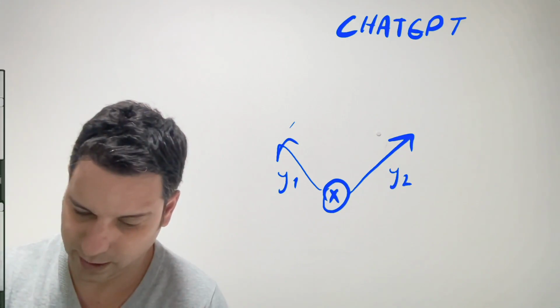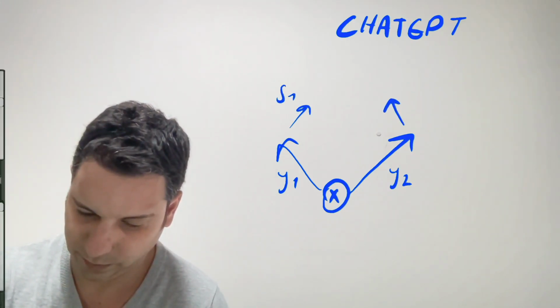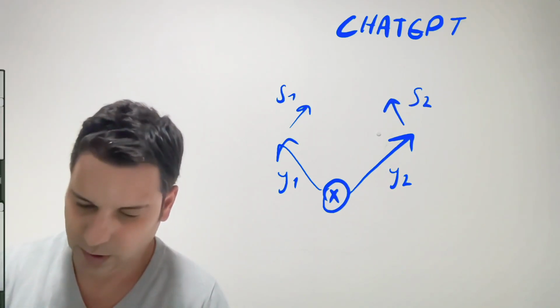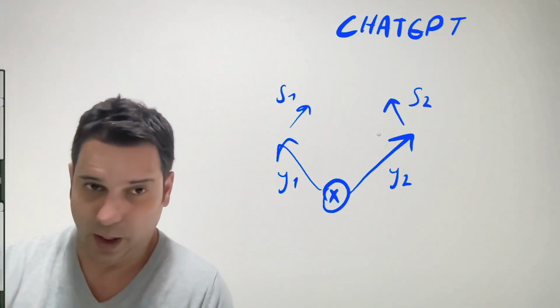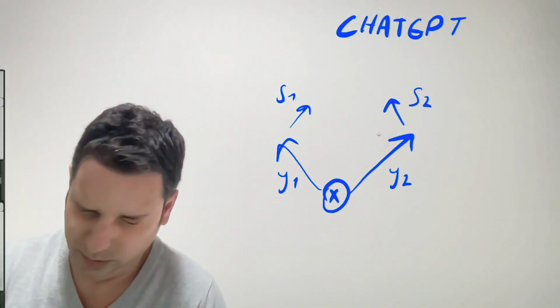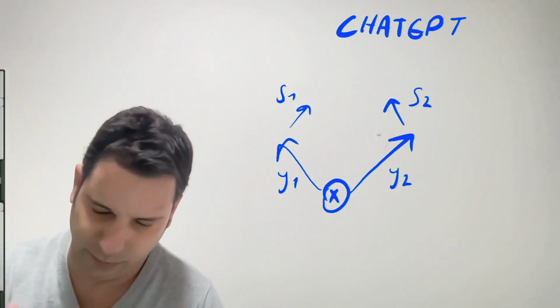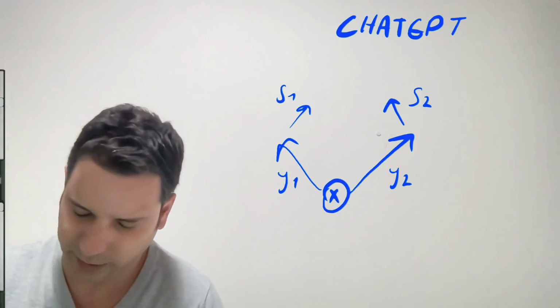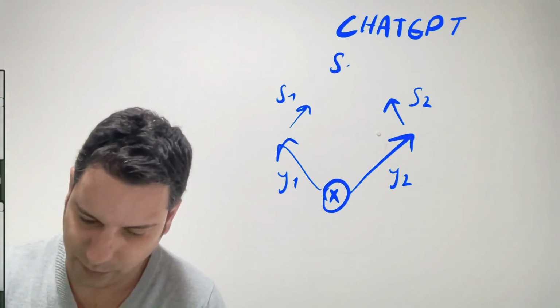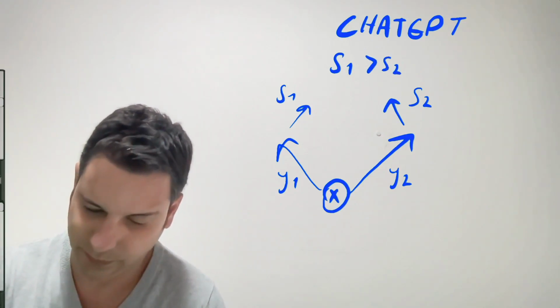Then we get a score from the model for each one of them. That's the output of the model, and we know the real result because we have the human labeler that ranked that. So we know, for example, if S1 is better than S2.